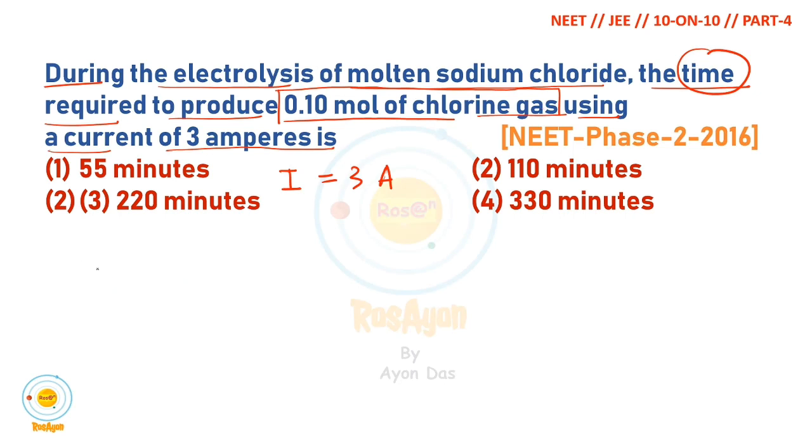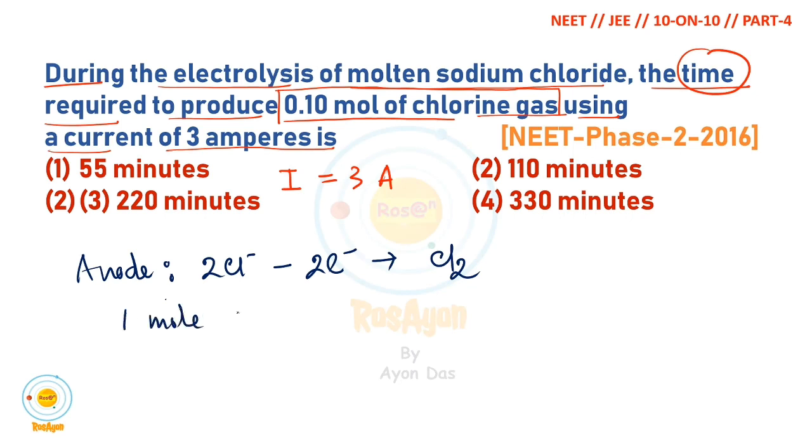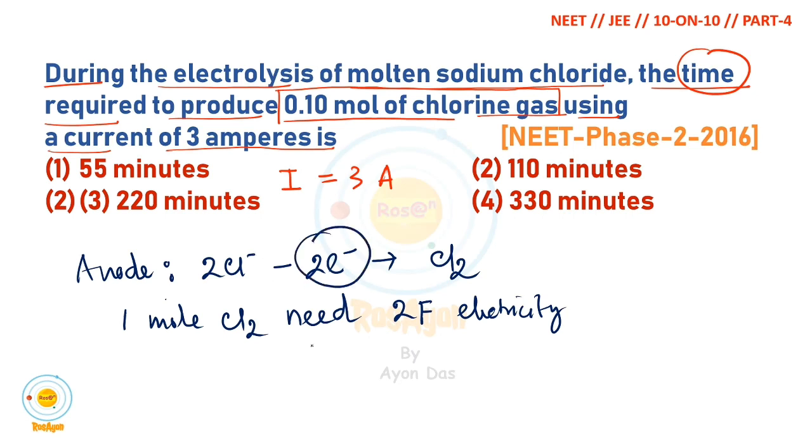Now see the reaction at the anode. That is 2Cl minus loses 2 electrons and produces 1 mole chlorine gas. So you can say 1 mole Cl2 needs 2 Faraday electricity, because here is the change of 2 electrons.